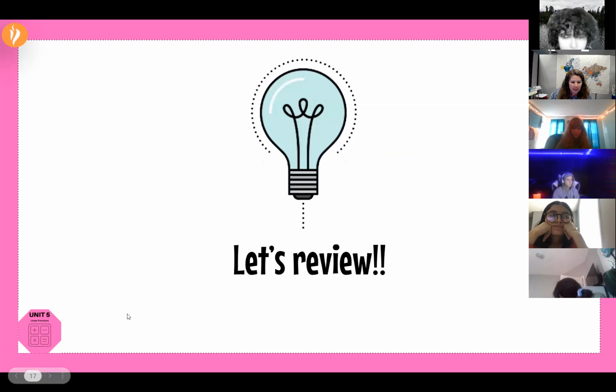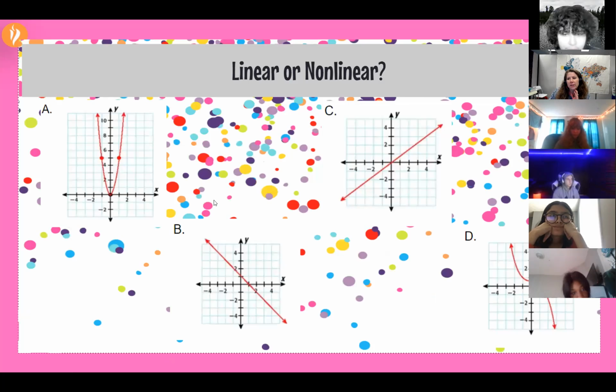Okay. All right, so review time. Are you ready to review? All right, over here. Look at this one. Ireland, letter A. Is this linear or non-linear? Letter A, Ireland. It is non-linear, Ireland. Yay, very good.